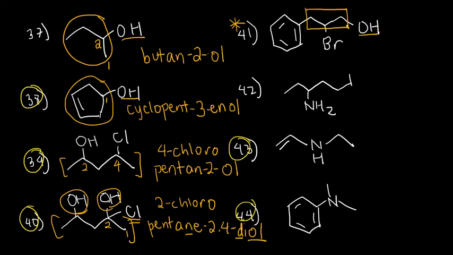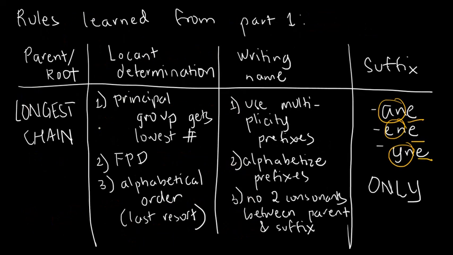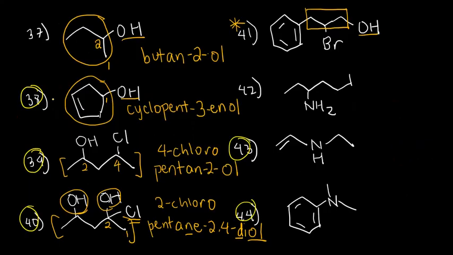And of course, we haven't encountered that before. The only thing we know is that the parent is the longest. But I'm just introducing this rule that it's not always the length that counts. It's the presence of the principal group in that chain that counts. So I'll elaborate more of that in the next installment of nomenclature. For now, we name this.